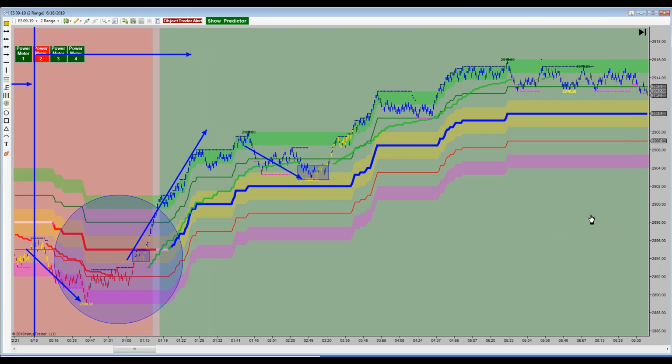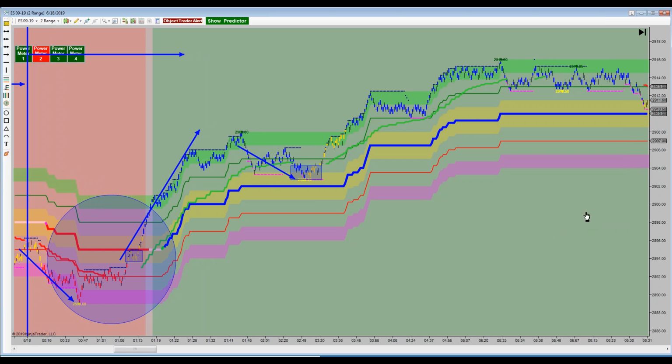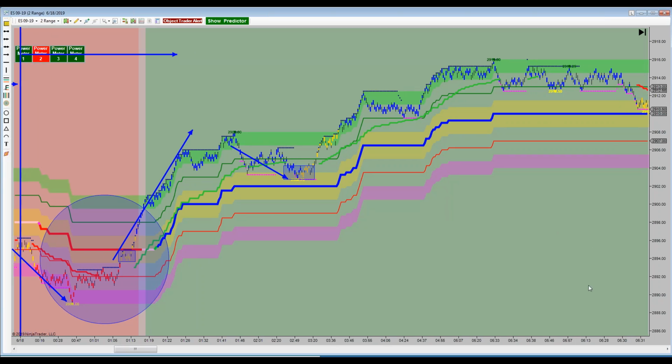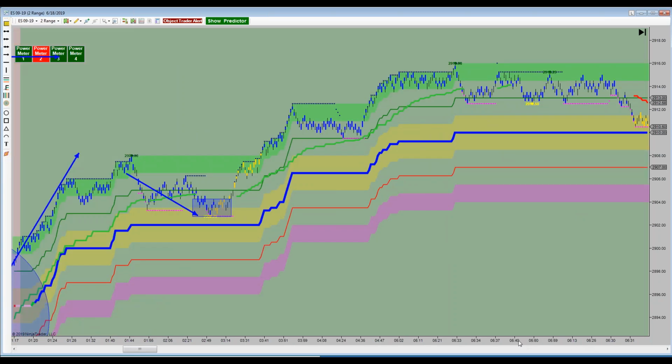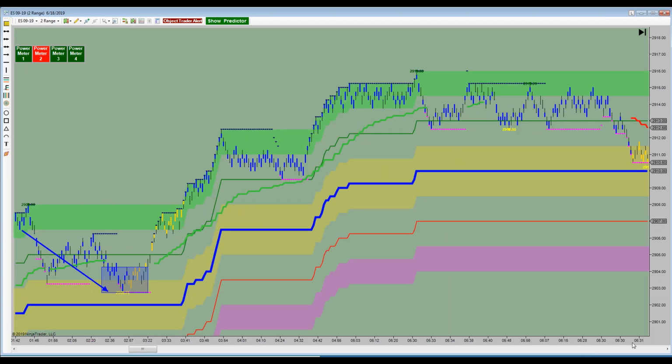U.S. equity markets just opened. 6:31. Make these bars a little bigger for you. All right, literally there's 6:31. U.S. equity market open right here. 6:30.